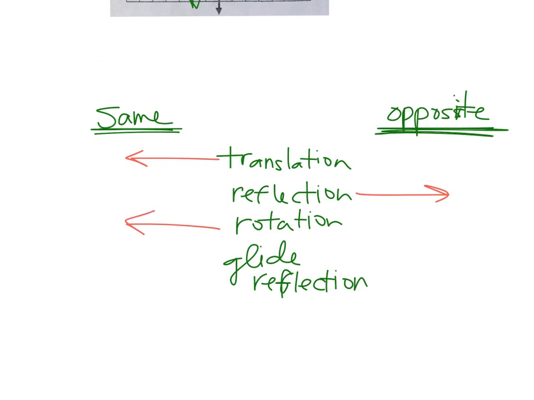Rotation has the same orientation. What about a glide reflection? Opposite, right? Because you're taking a slide, which is the same, but then you're flipping it. So if you're doing that flip still, a reflection has opposite orientation. So same, opposite, okay? Any questions on that?